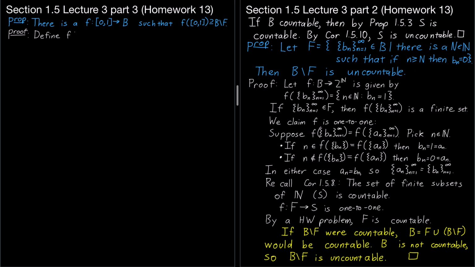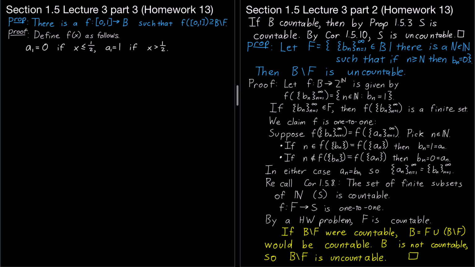So here is how we define f of x. First off, we're going to say that a1 equals 0 if x is less than or equal to 1/2, and a1 equals 1 if x is greater than 1/2. And so that's certainly giving us either a 0 or a 1.